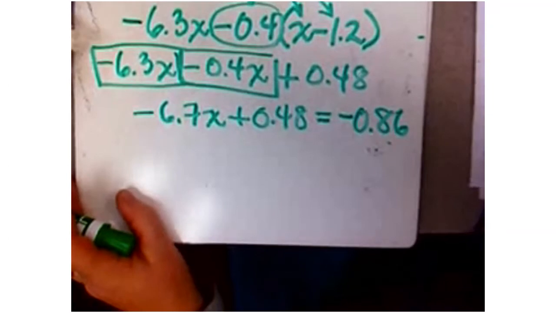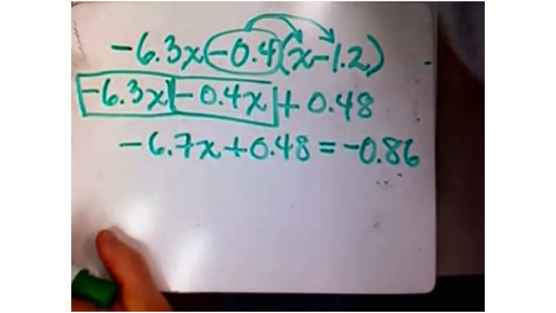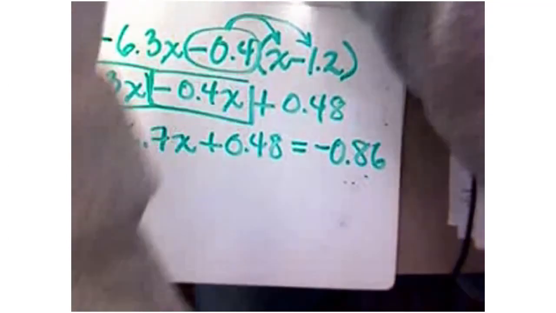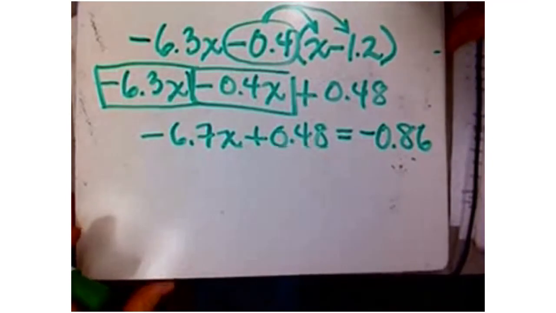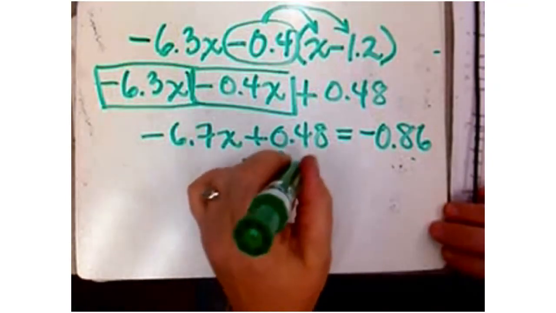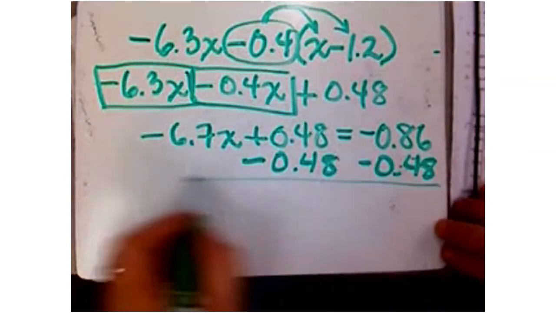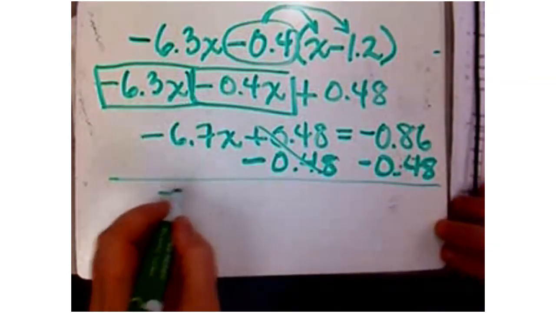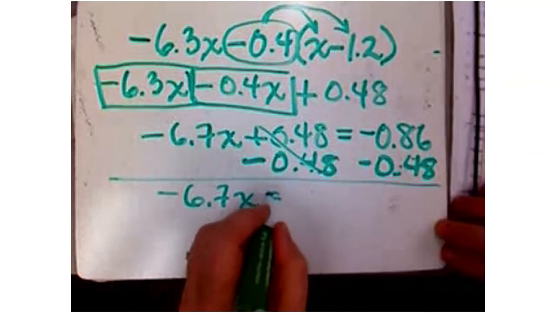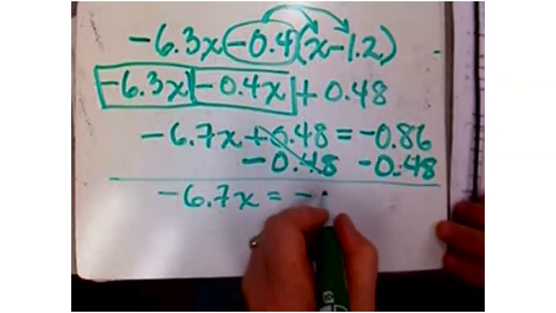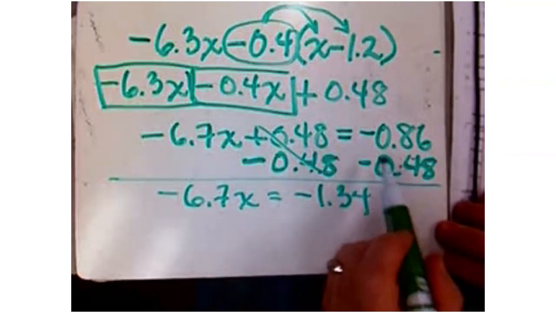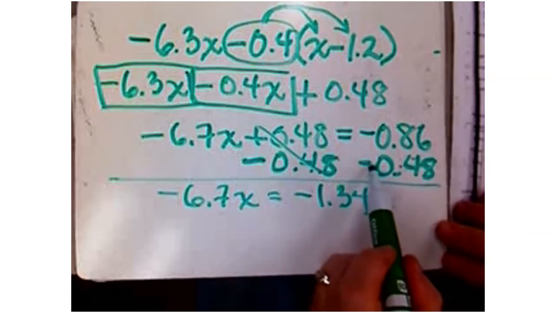But we could make it equal to something, and then now it's a two-step process, isn't it? Solving this equation. We could subtract 0.48 from both sides, right? That cancels out that, and we get negative 6.7x equals negative 1.34, because we have a negative 0.86 and a negative 0.48.